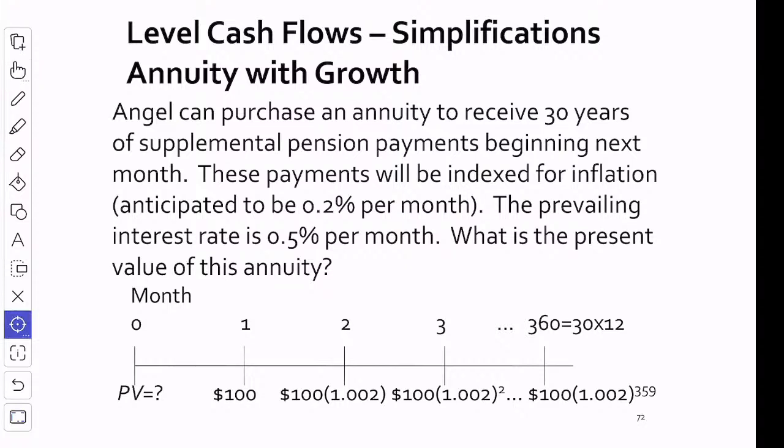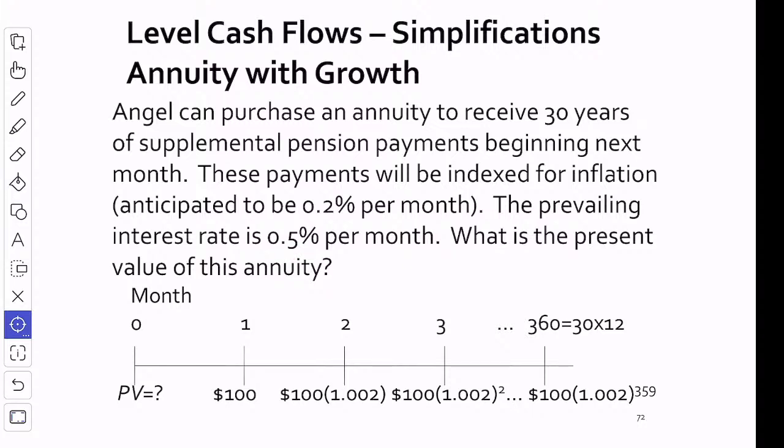So that's really important. What's inflation? Inflation is the rising price of commodities or things you purchase. I should just say consumer goods, right? So that's the price going up by 0.2% per month. The prevailing interest rate is 0.5% per month.